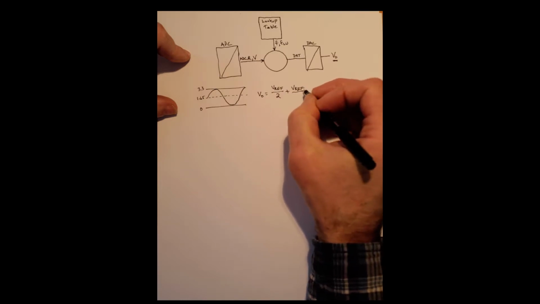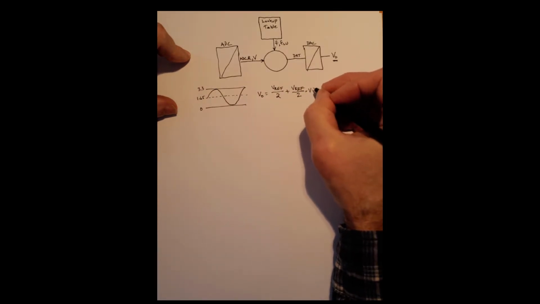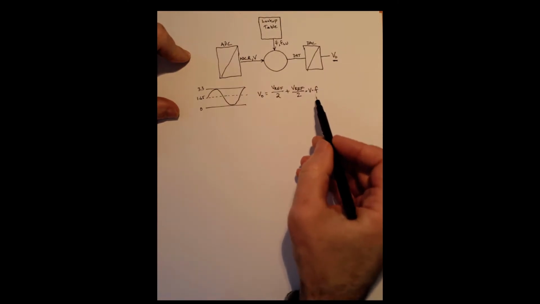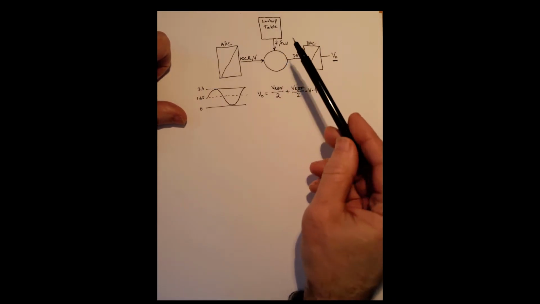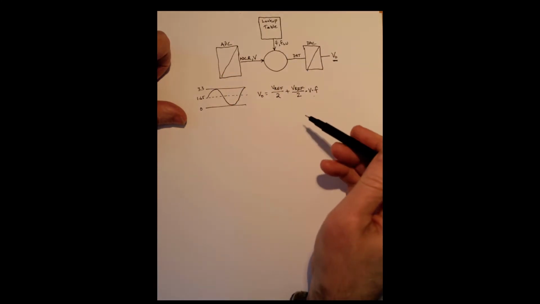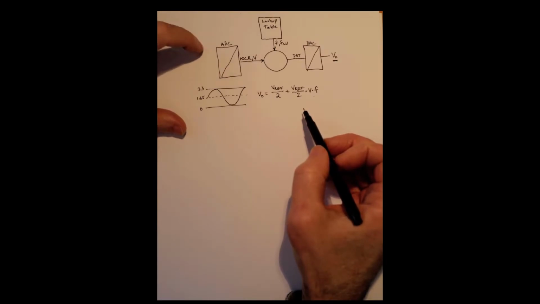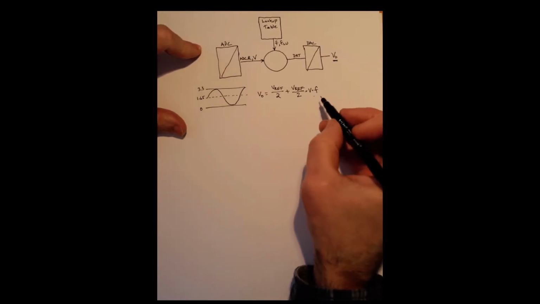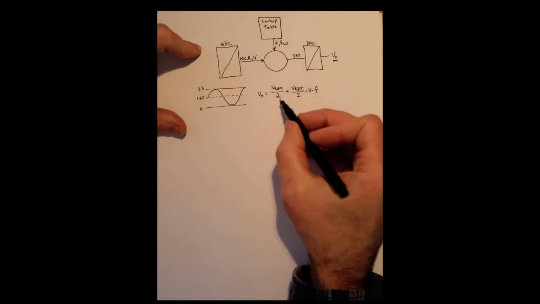Vref over 2 times (1 plus V times F). All right, so F is the function that we're grabbing samples from the lookup table. V is the volume control from the ADC. And then Vref over 2 is a scaling factor. Notice the volume here is only in this term, not in this term.